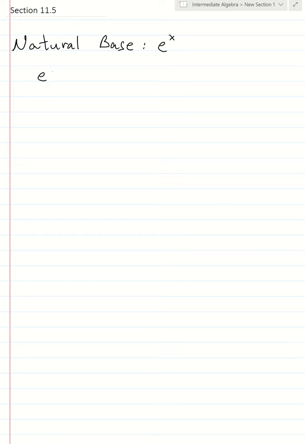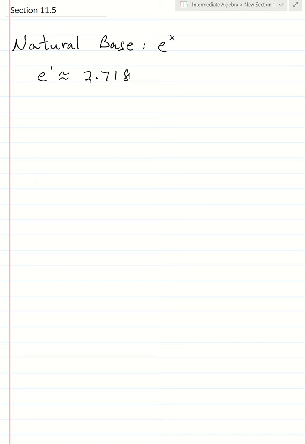But somewhere on your scientific calculator, you'll notice this e to the x key, and that's the number e. And if you were to take e and raise it to the first power on your scientific calculator, you would see that it's not exactly, but it is approximately 2.718. It does keep on going, on and on forever. It never repeats. There's no pattern to it. And that's why we consider e an irrational number.